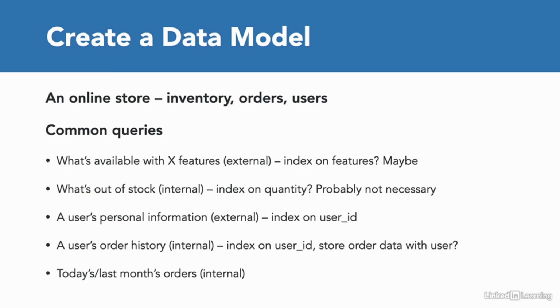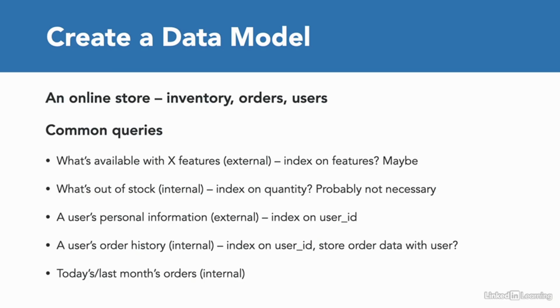However, if it's somewhere where you go to buy a car, where you'd expect that users make one purchase, then it's probably fine to store the order data with the user.